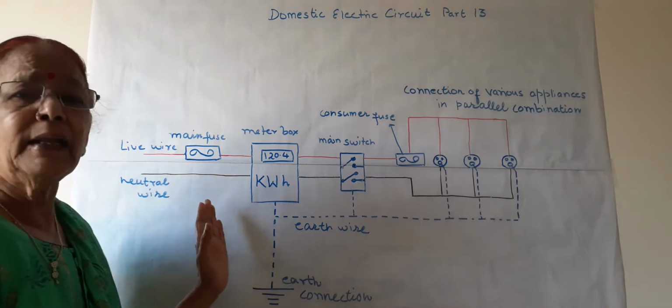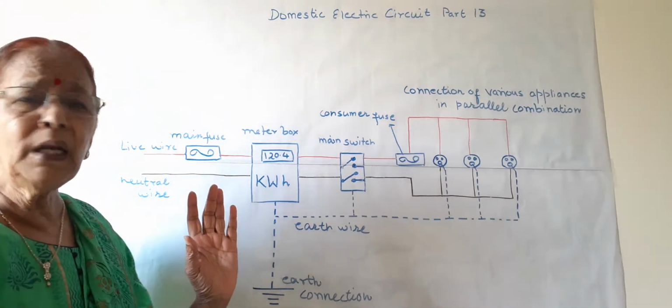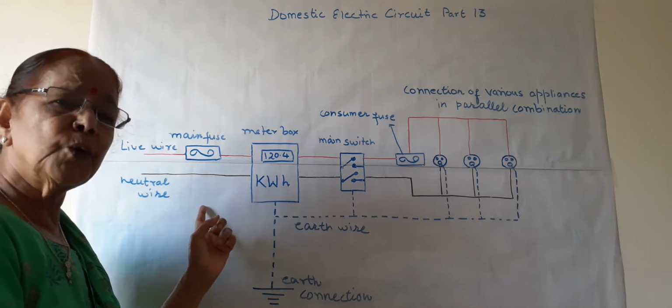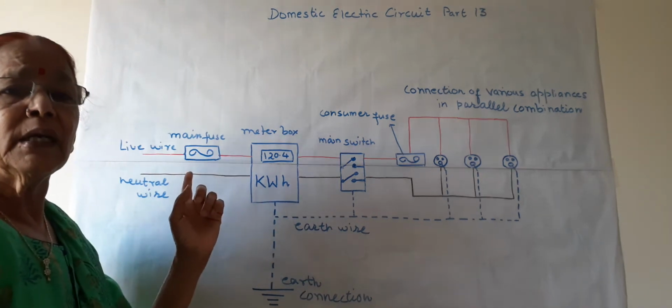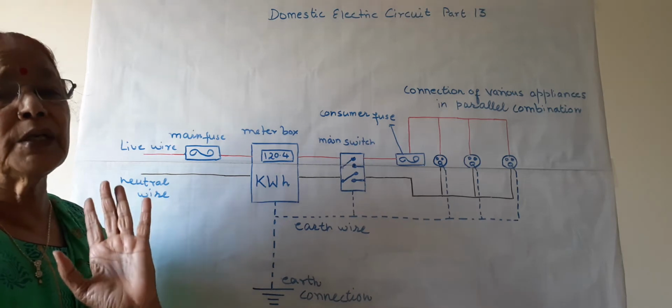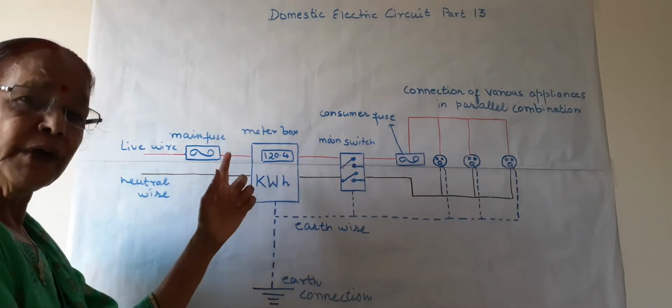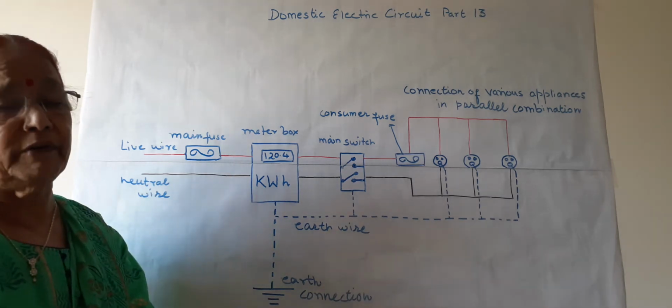This neutral wire is at 0 potential. So this is at 220 potential, this is at 0 potential. So the potential difference is 220 volt between the live wire and the neutral wire.